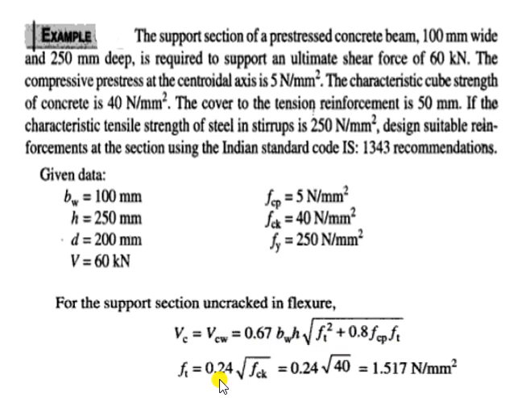So Ft is 0.24 into square root of Fck, and Fck is given, so 0.24 into square root of 40. Therefore, Ft is equal to 1.517 Newton per mm square.